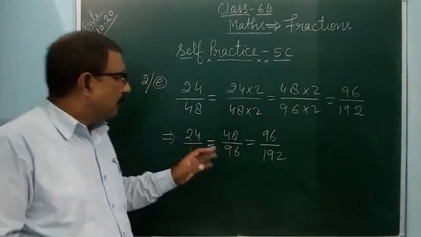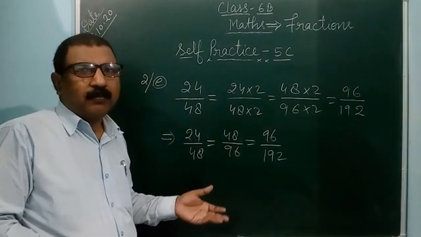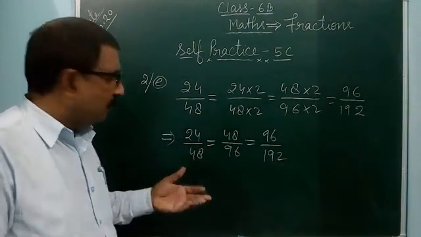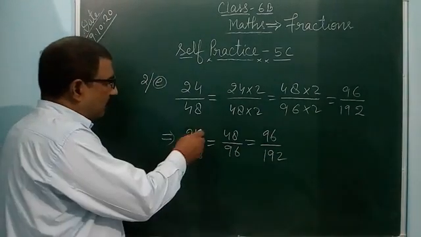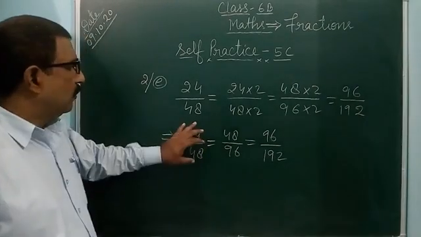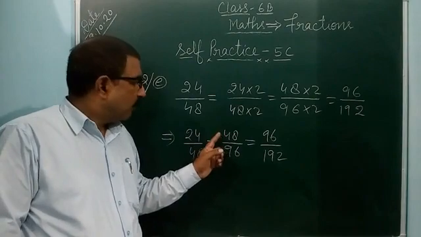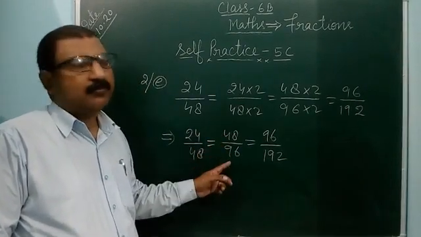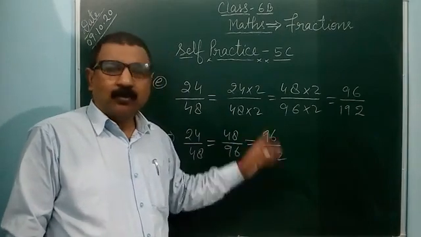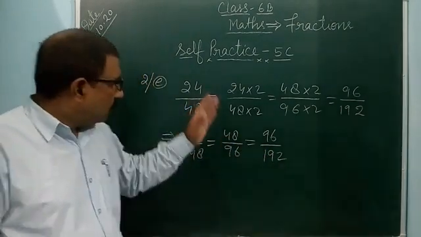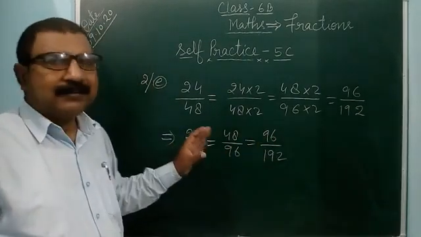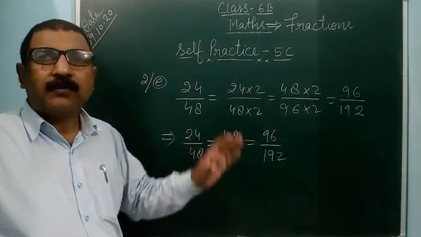If you make them in the lowest form, they have the same values. 24 ones are 24, 24 twos are 48, so 1 by 2. 48 ones are 48, 48 twos are 96, 1 by 2. 96 ones are 96, 96 twos are 192, 1 by 2. So 1 by 2 is equal to 1 by 2 is equal to 1 by 2. All three fractions have the equivalent 1 by 2.